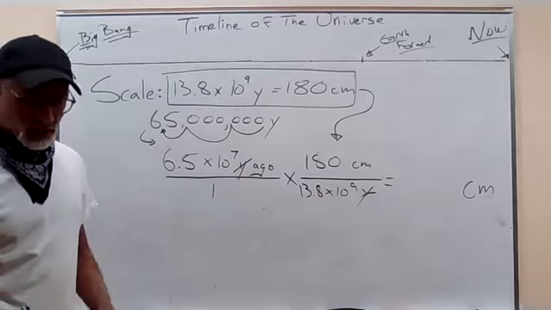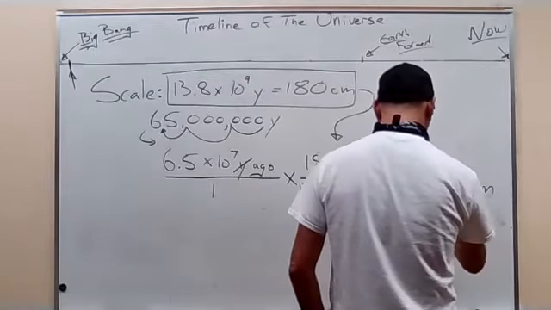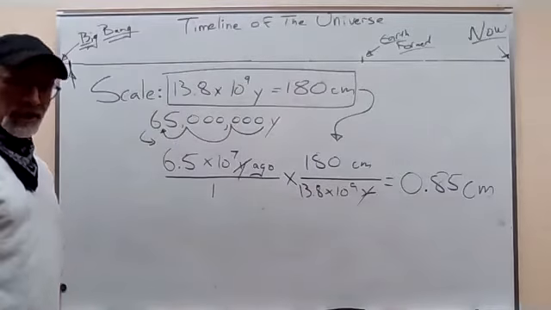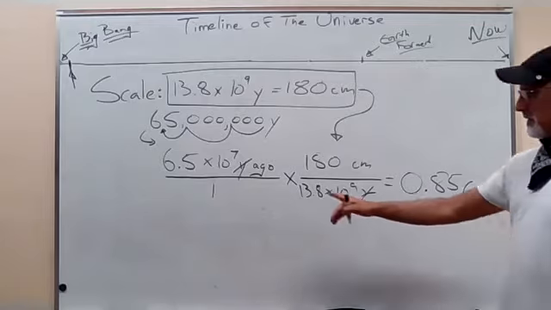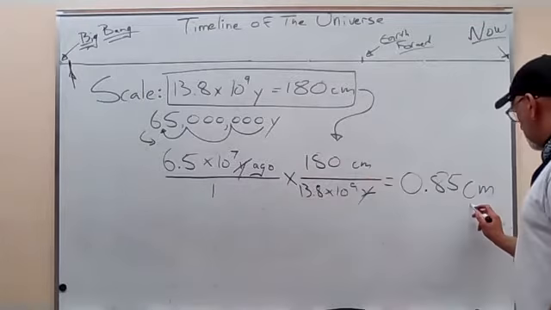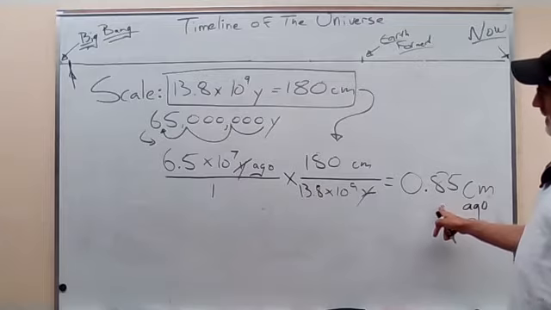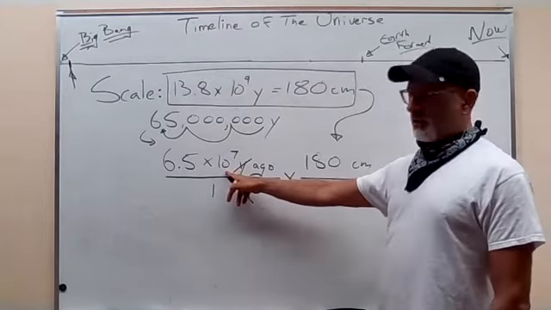If you crunch that on your calculator, you would get 0.85 centimeters. Less than 1 centimeter. This is years ago, so this is actually centimeters ago. Time-wise, they went extinct 65 million years ago.